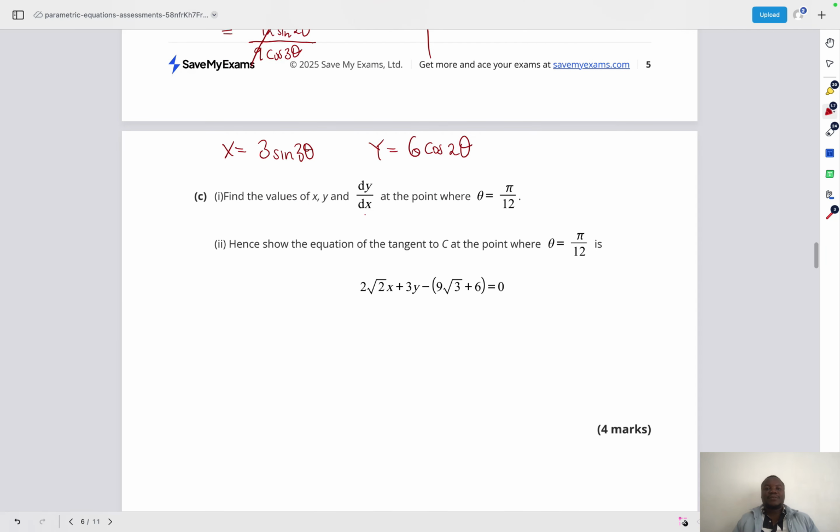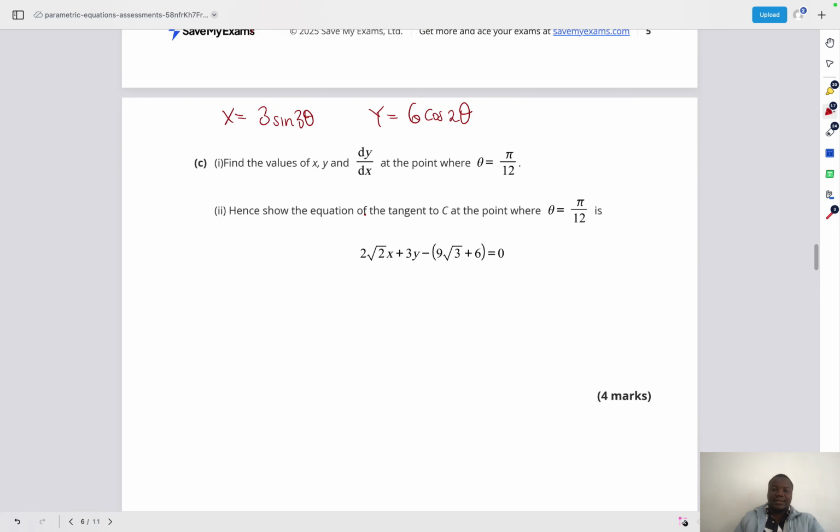To find the value of x and y given theta, all we are going to do is x equals 3 times sin 3 multiplying the value of theta that we are given, which is pi over 12. So x is actually equal to 3 times sin pi over 4.